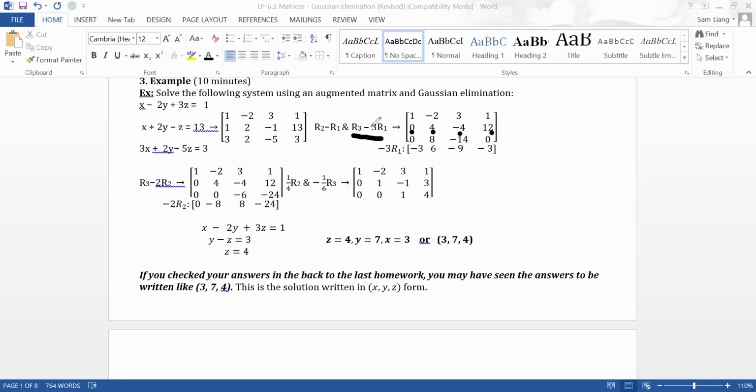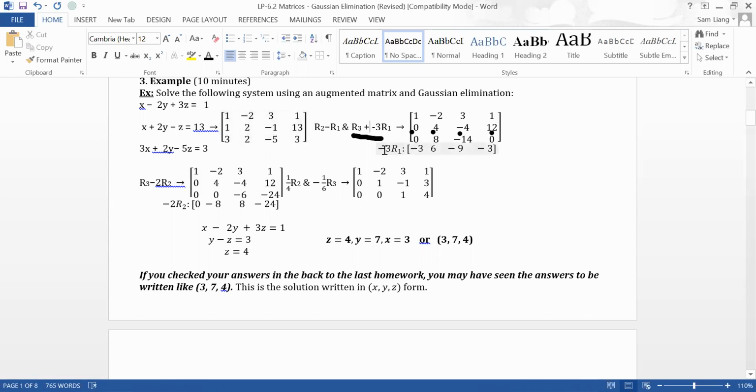So we're going to do R3 minus 3R1. You could also see that as R3 plus negative 3R1 technically. Right, so we can see it like that. That actually might be more helpful in this case. Okay, so R3 plus negative 3R1. So you see R3 here, 3, 2, negative 5, 3.